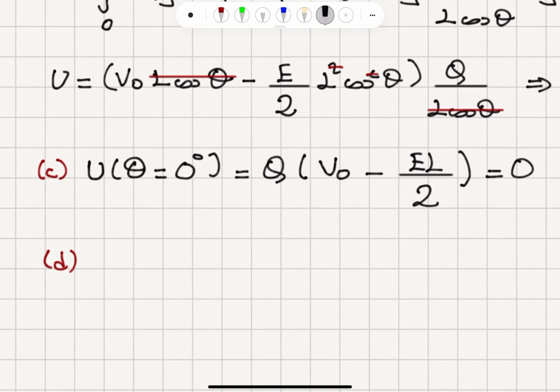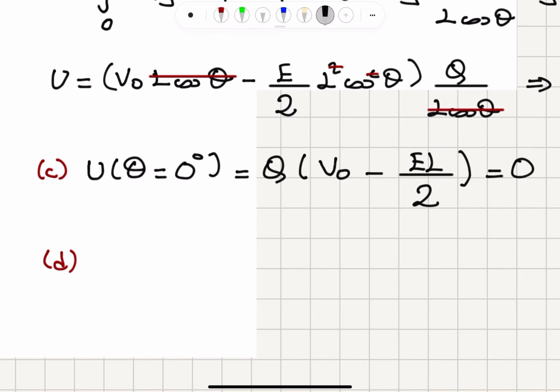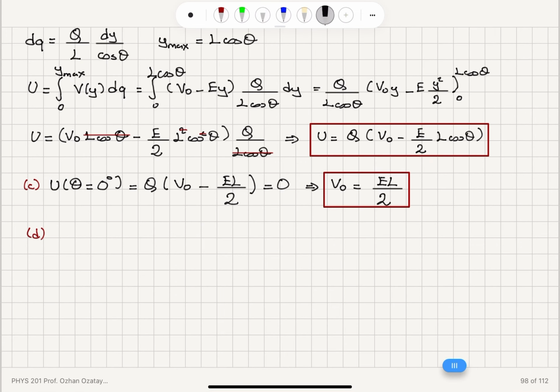Okay, so let's see. The potential energy of the bar U at theta equal to 90 degrees, when I substitute theta 90 here, cosine 90 is 0, is capital Q times V0.